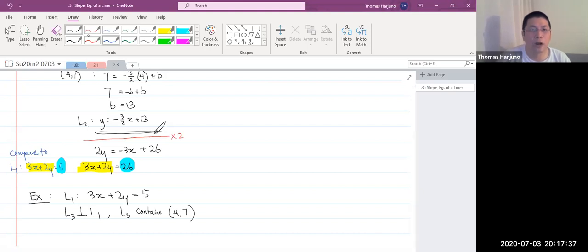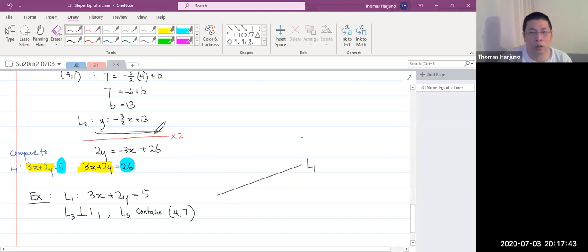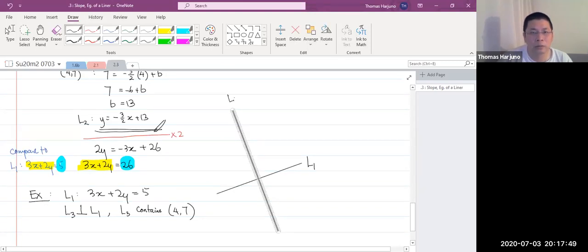So you have one line, let's call that line 1, and then line 3 is perpendicular to that and contains (4, 7). Now, what is the equation of line 3?